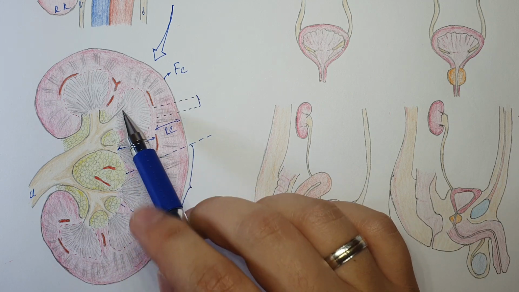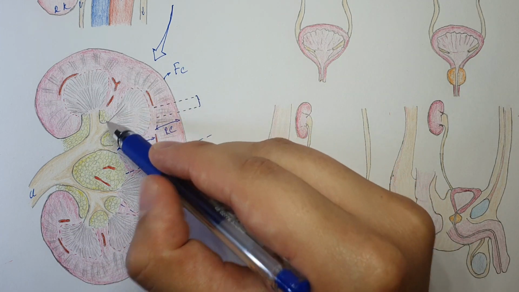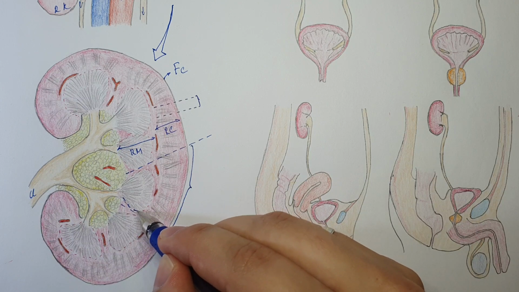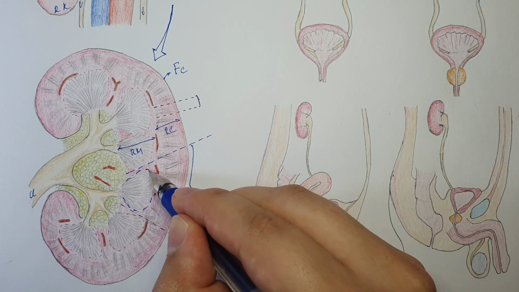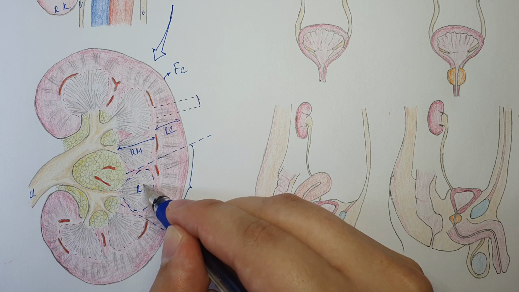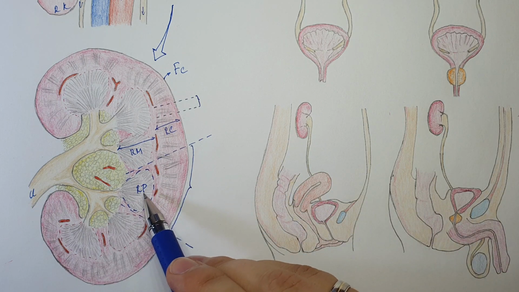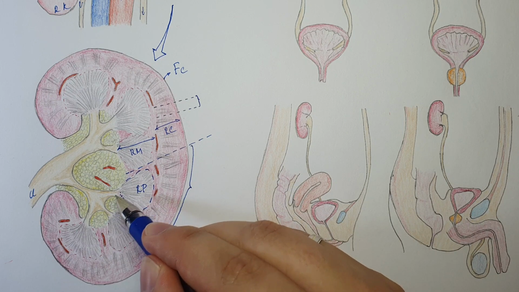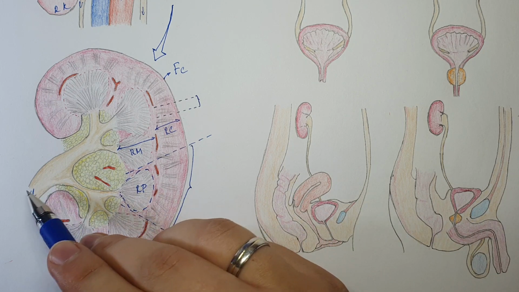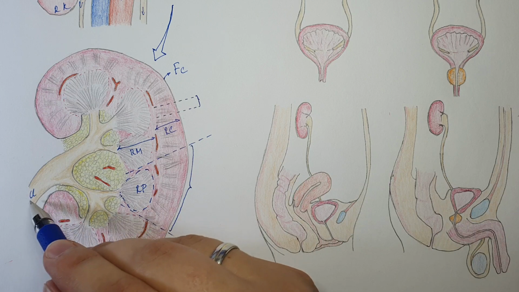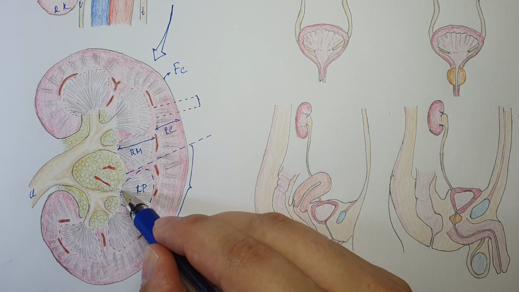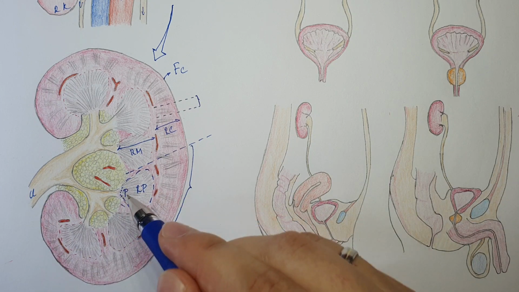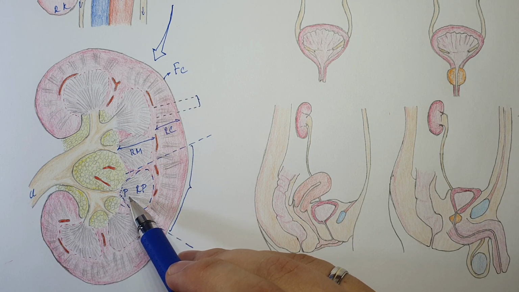So in the renal medulla we have these structures. These structures are called renal pyramids. The renal pyramid has this tip that is pointing to the outside, so to the ureter, and this tip is actually called the papilla, or the papilla renalis in Latin.